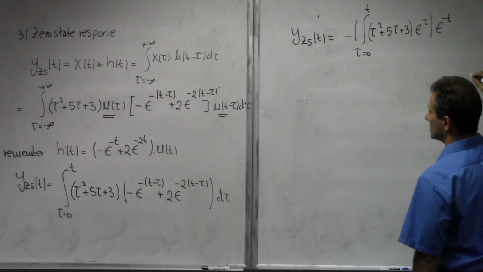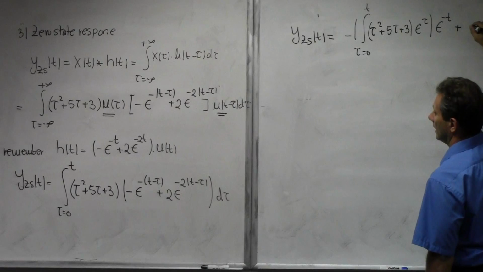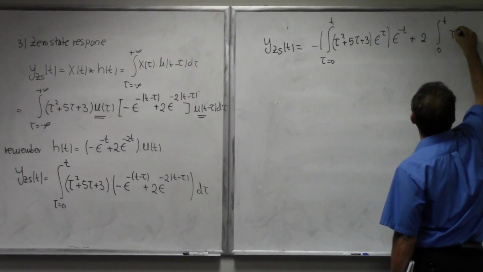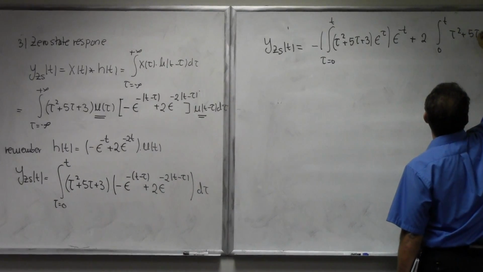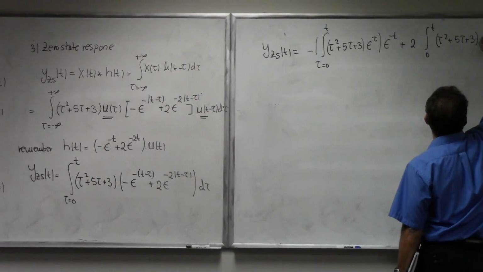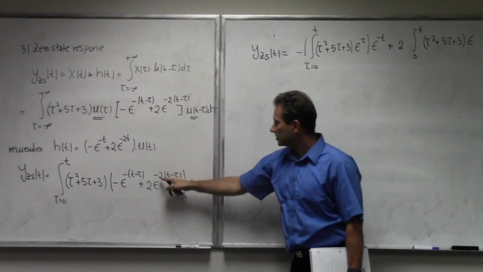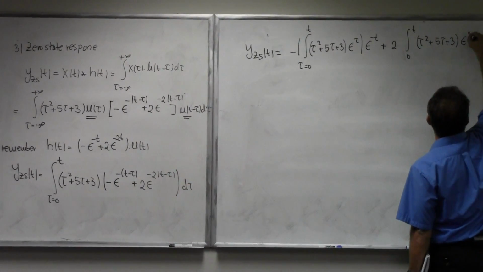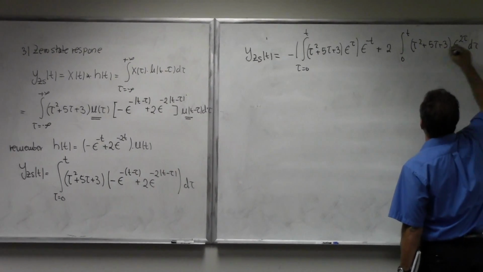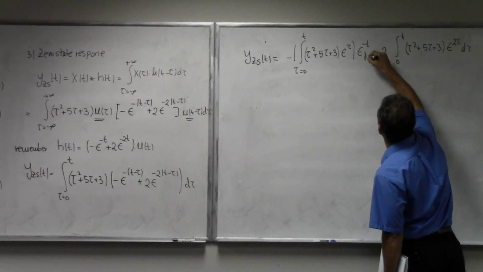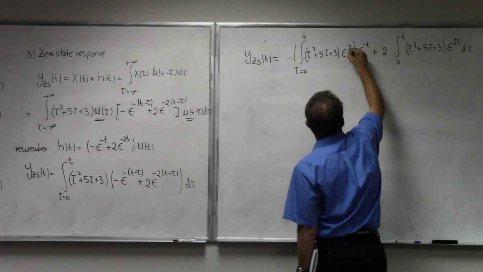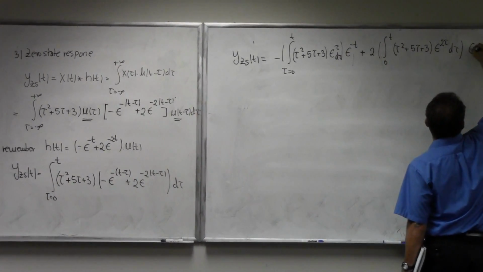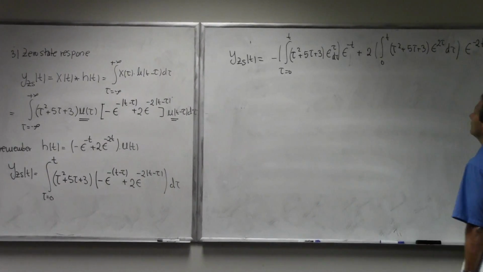And then the second integral has plus, I can put 2, integral from 0 to t, tau squared plus 5 tau plus 3 e to the, again, minus 2 times minus tau is 2 tau, and then d tau, and this multiplying e to the minus 2t.